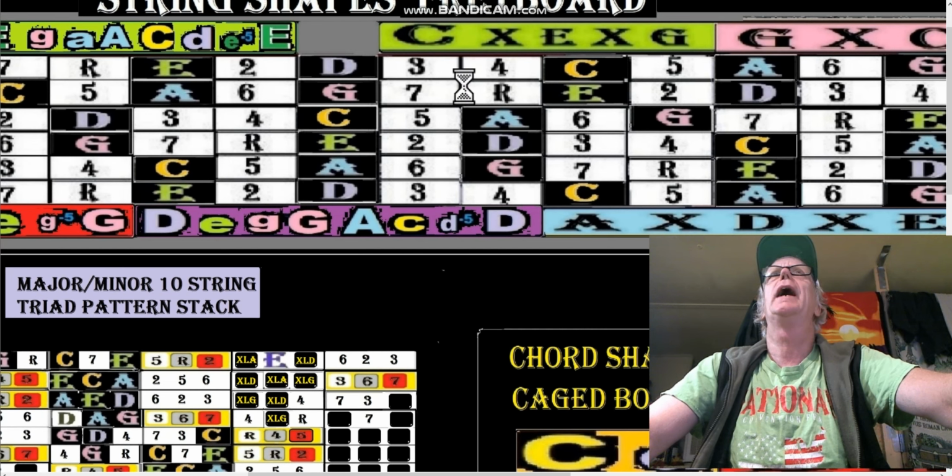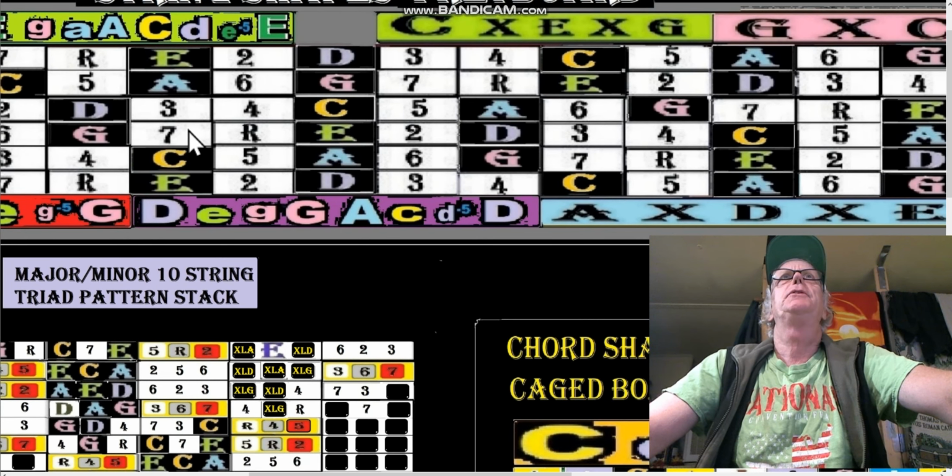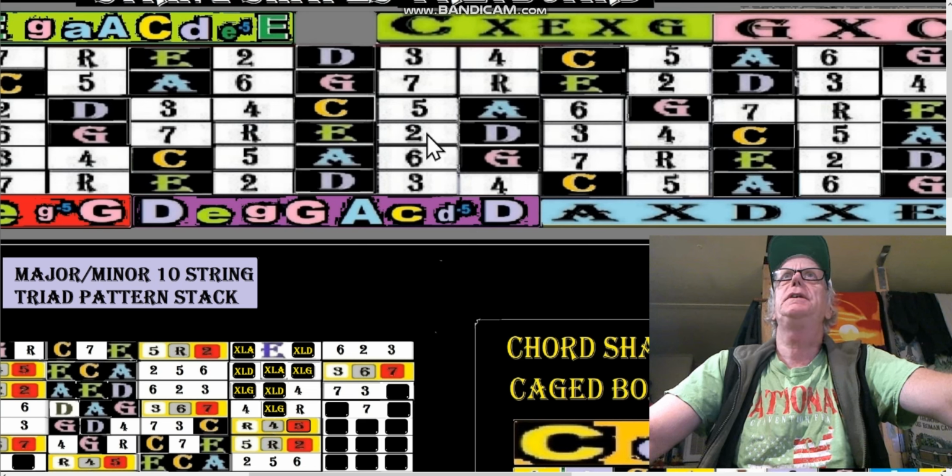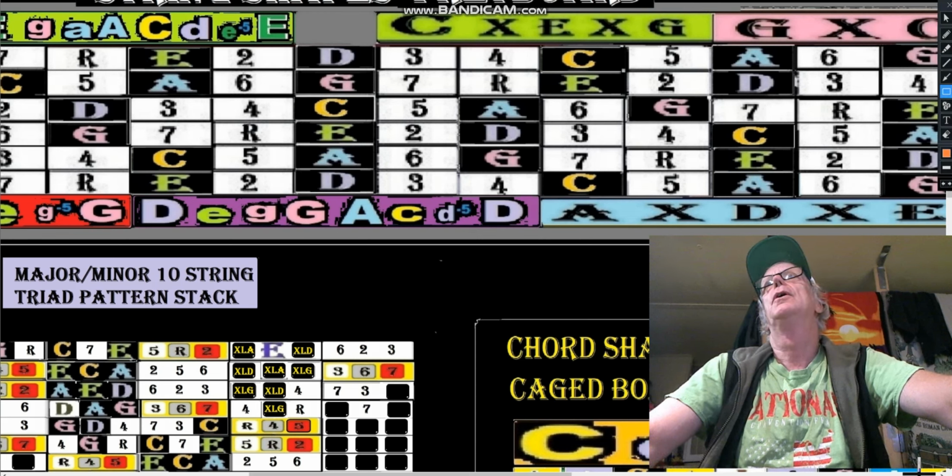Any E shape that you find, 7 root 2, skipping the D shape, which is 2, 3, 4, is going to be neighbors with the C shape.